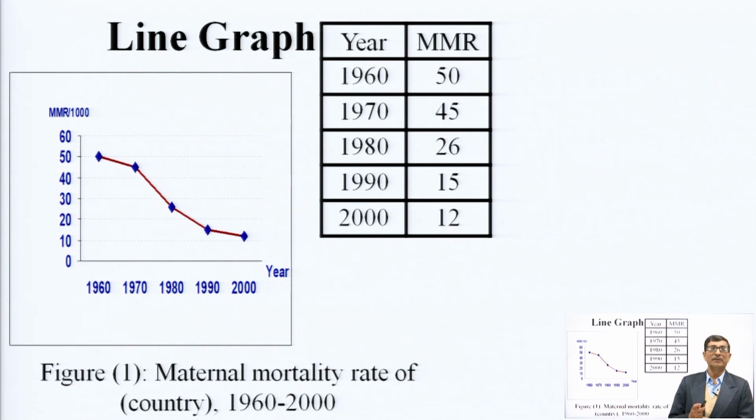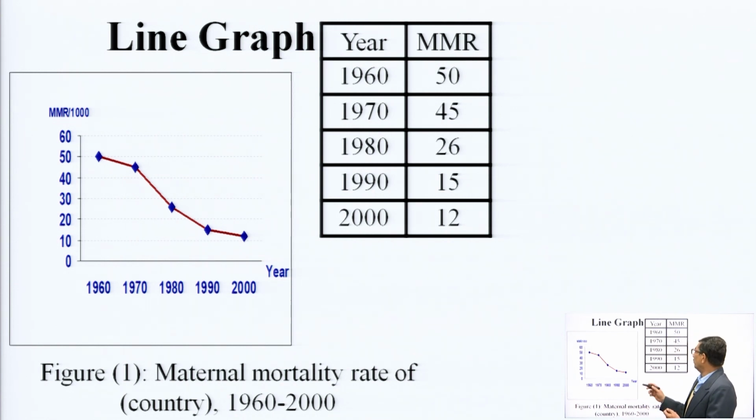For example, we have a variable, maternal mortality rate, in different time intervals, that is 1960, 1970, 1980, 1990, 2000, and we have data in 1960, 50 percent, the mortality is 50%, and in 1970 the mortality MMR is 45%, in 1980 26, in 1990 15.